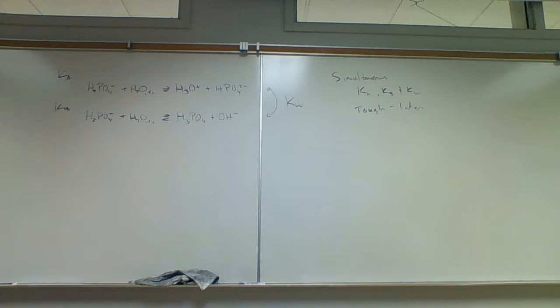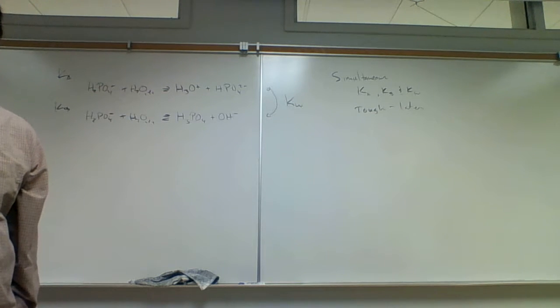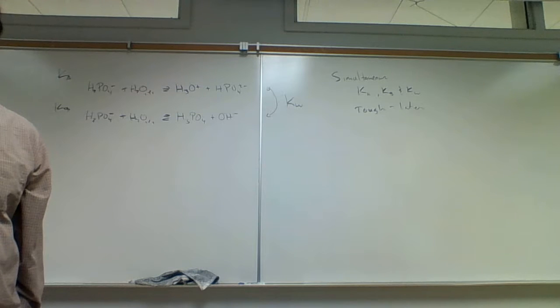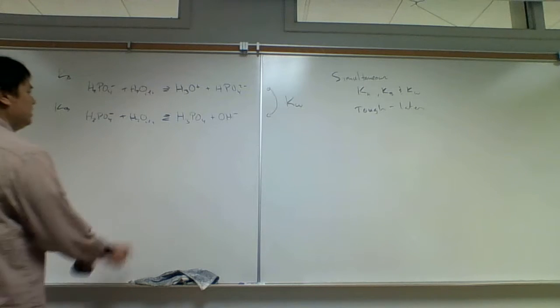Whereas something like sodium phosphate is simple, because that's only a base, and we did sodium phosphate, where we did Kb1, Kb2, Kb3, and Kw stepwise. Phosphoric acid is simple too because that's just an acid. With the triprotic acid, we do Ka1, Ka2, Ka3, and Kw. But when we have an amphoteric species, it's not so easy.